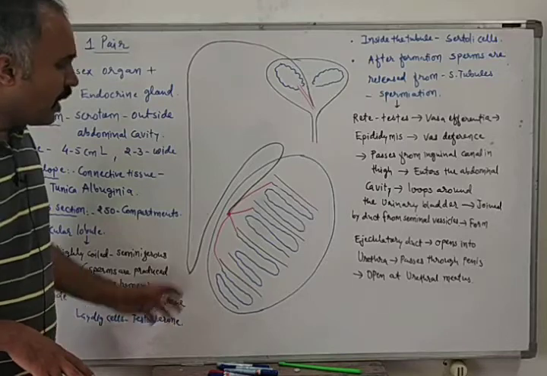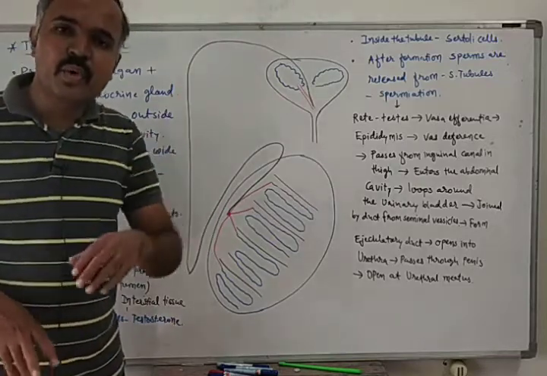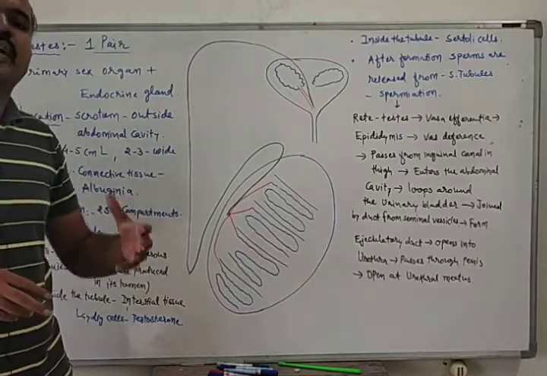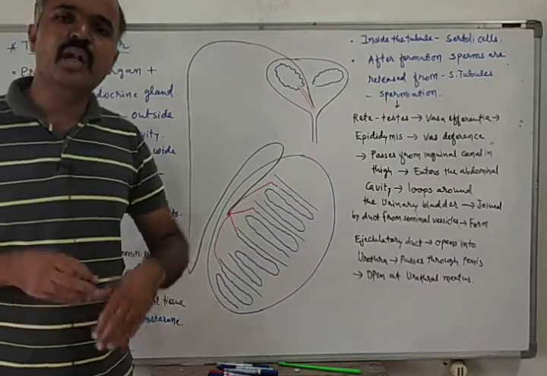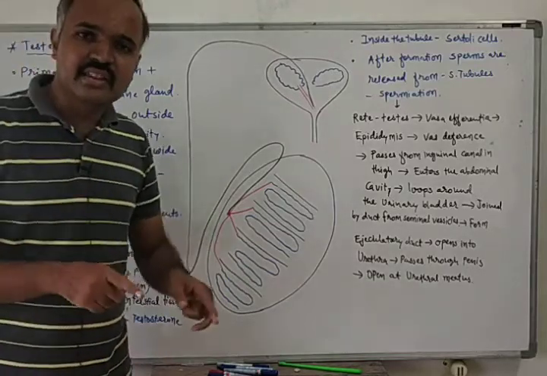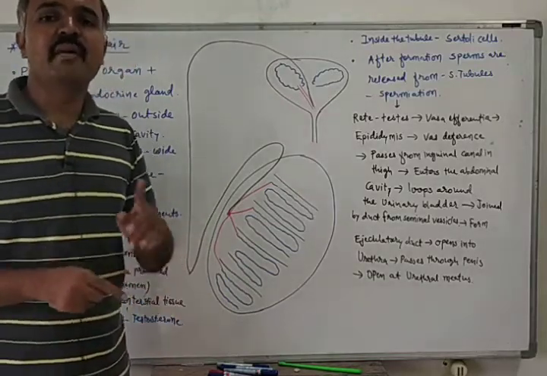Now inside the tubule, another cell is also there, which is known as the Sertoli cell, and this cell nourishes the developing sperm.